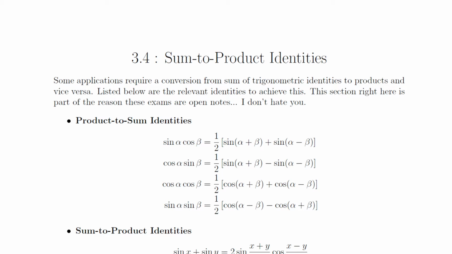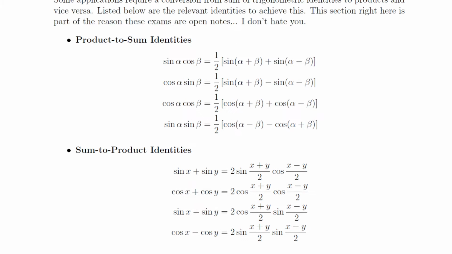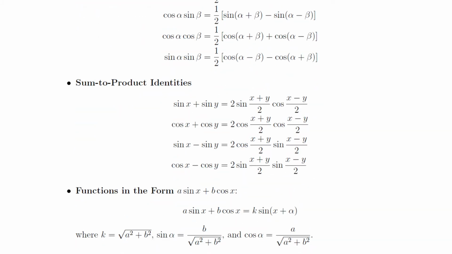This section right here is part of the reason why these exams are open notes. I really do not hate you, okay? I promise. Look at all these formulas, okay? I have a hard enough time memorizing all of these, and so I wouldn't expect you to do that as well.